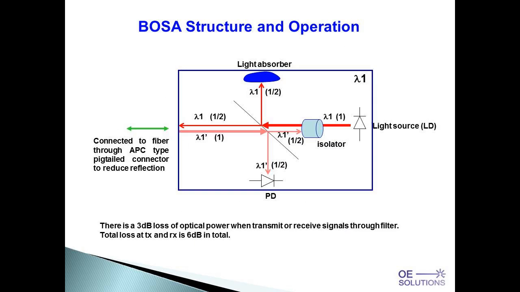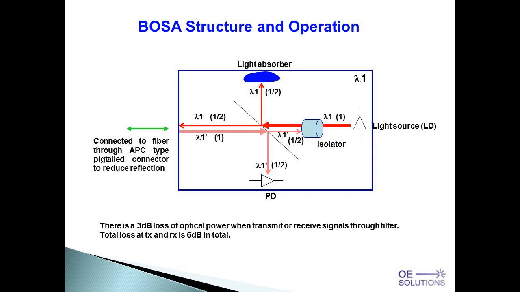So how does a single fiber, single wavelength SFP transceiver work? Basically, as shown here, instead of using a thin film filter, we are using a beam splitter that splits the beam in half.